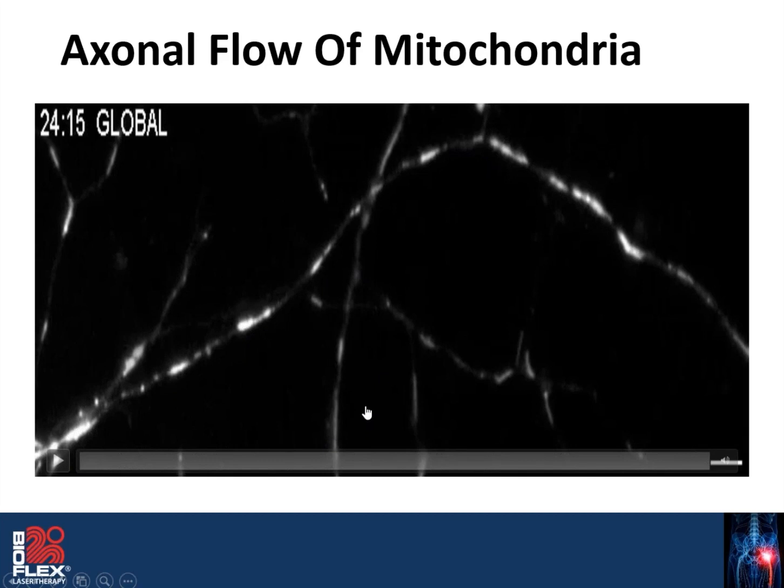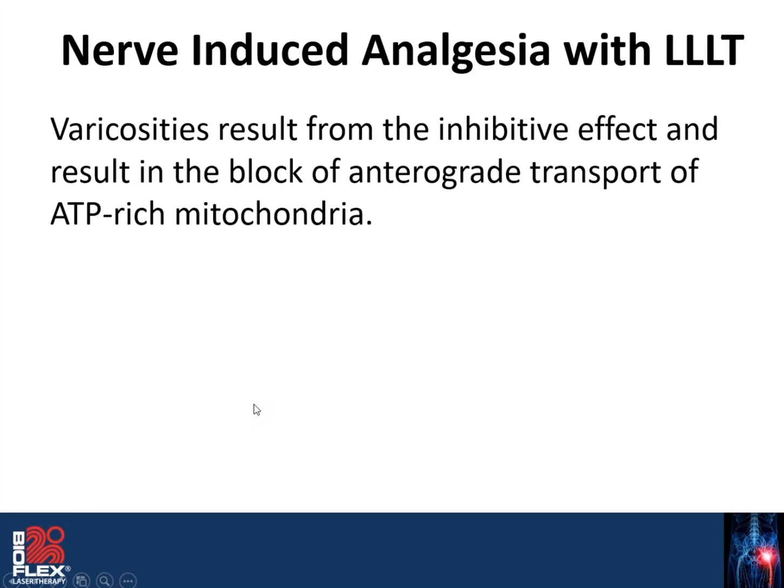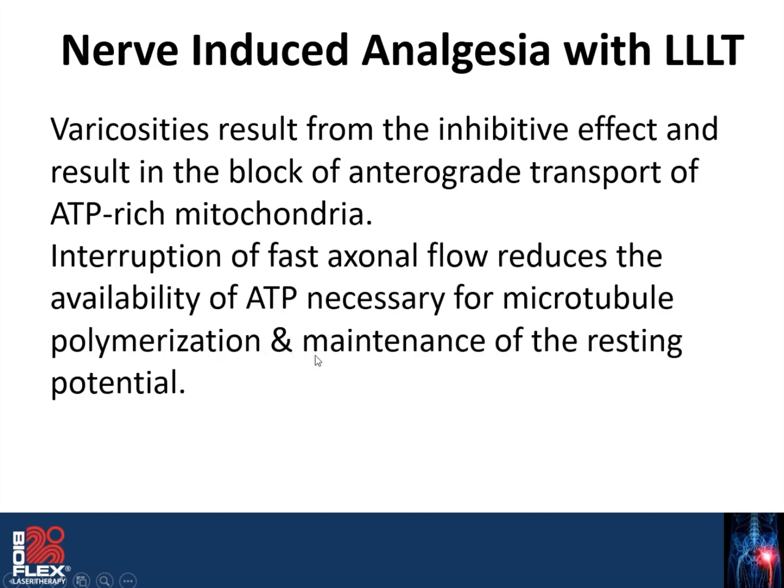This is important because if this doesn't happen, that nerve flow isn't very efficient, and you reduce the transmission of the nerve itself. So what happens is when you have enough energy from a laser, it can cause something called a varicosity, which is kind of like a blockage of this mitochondria, and it causes an inhibitive effect on this anterograde transport of ATP-rich mitochondria.